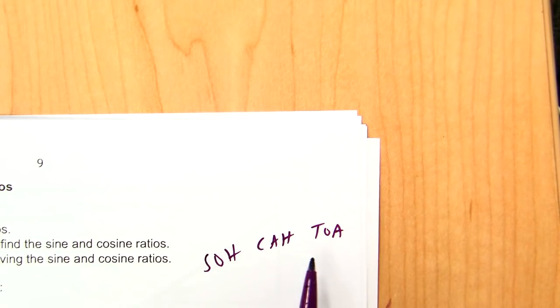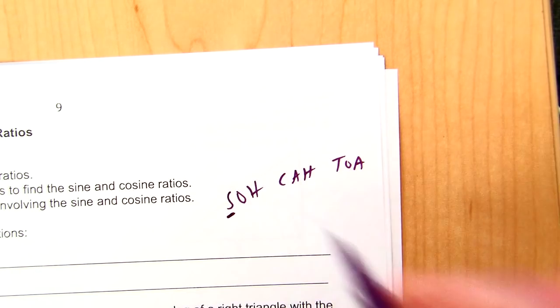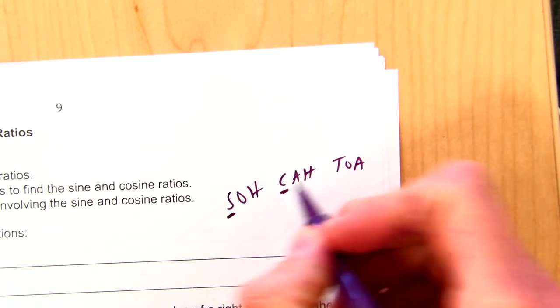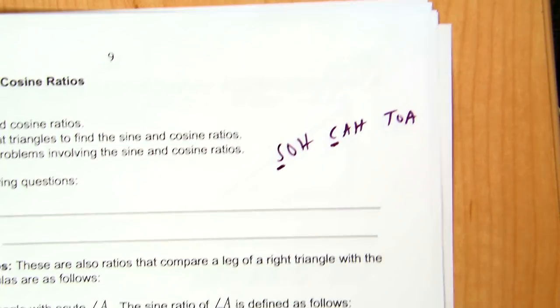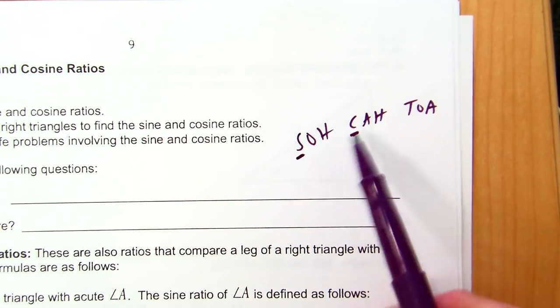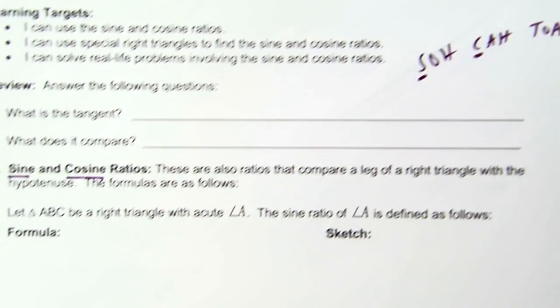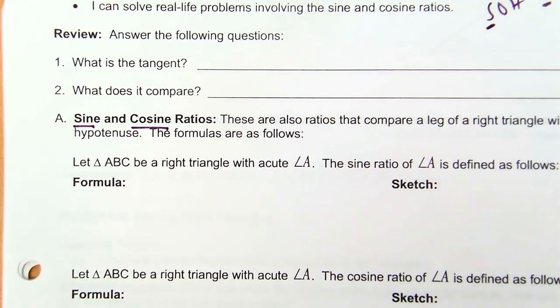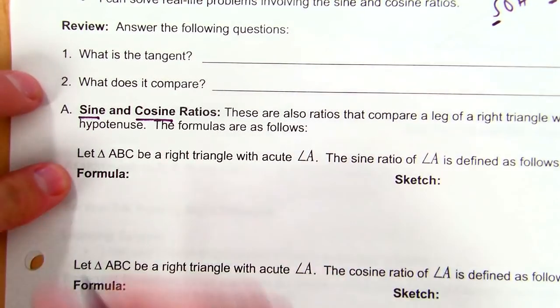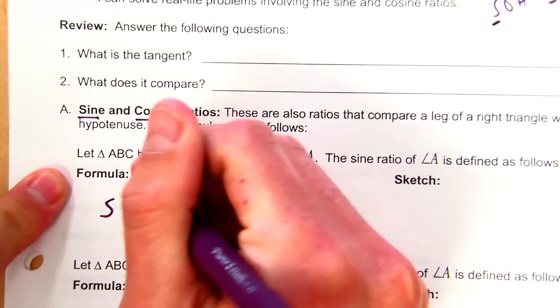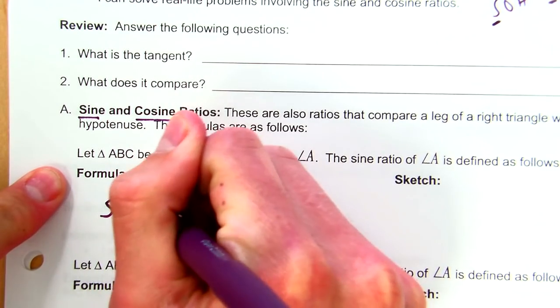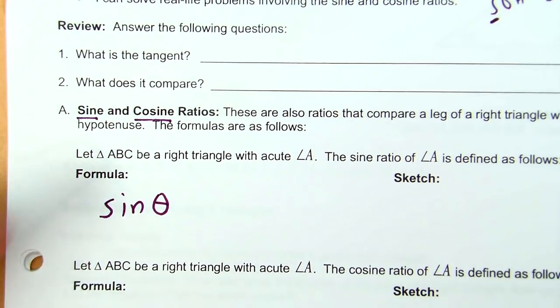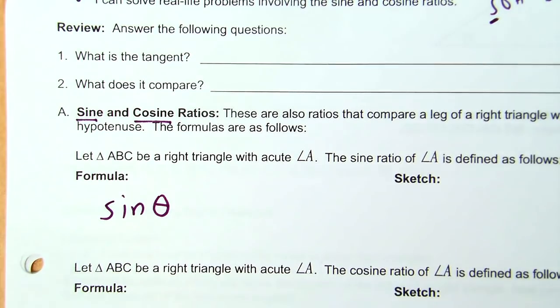We talked about tangent being opposite over adjacent. Now we're going to talk about the S of sine and the C of cosine. And based off the letters, you might even be able to figure out what these ratios are going to be. But just in case, let's take a look at sine quickly here. The sine of theta, it gets abbreviated S-I-N. Please pronounce this sine.